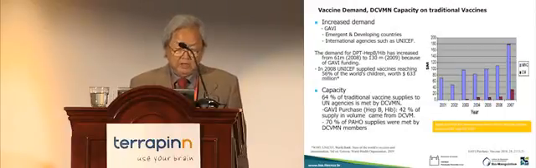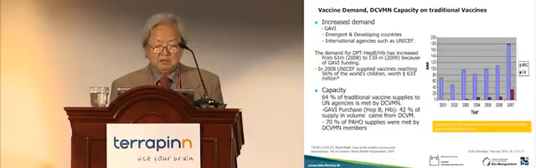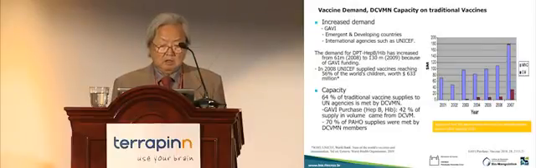In 2008, the vaccine supplied by UNICEF reached 56% of the world's children, and it was $633 million.